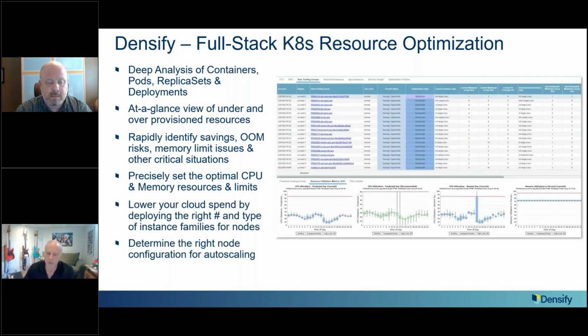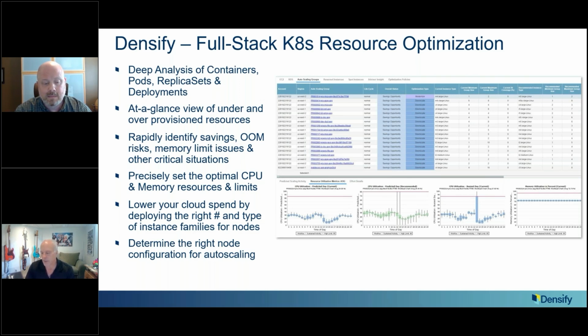And then finally, we also not only look at the request and limit recommendations for the containers themselves, but also at the nodes that infrastructure is running on. So this is, again, why we call it full stack resource optimization. The ability now, because where the spend happens is actually at the node level. So by fixing those resources correctly, we can deploy the right number and the right type of instance families for the nodes.